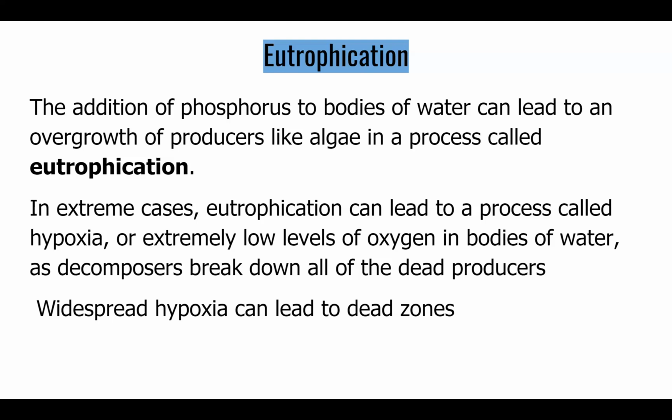If we've got that, then we have a lot of decomposition. If we've got a lot of decomposition, that can lead to very little oxygen. And if we've got no oxygen in the water, that can create a dead zone.